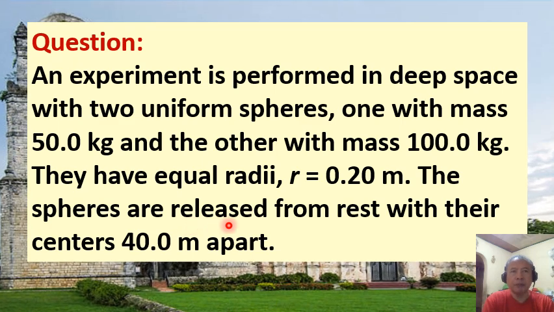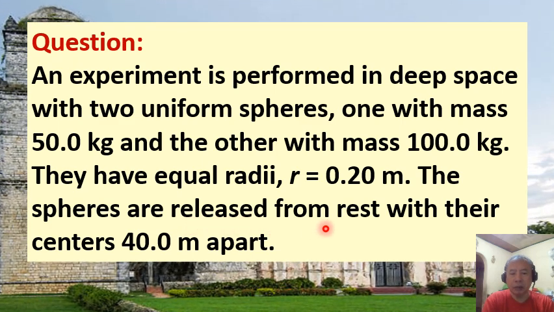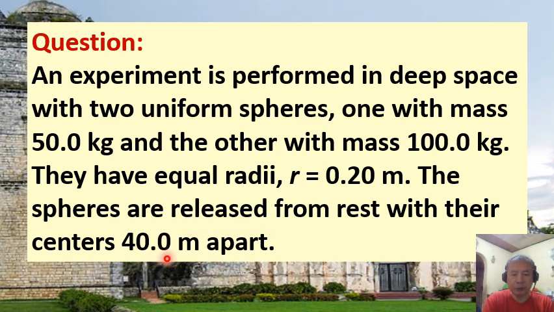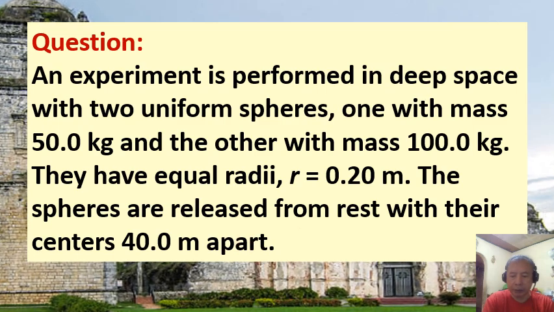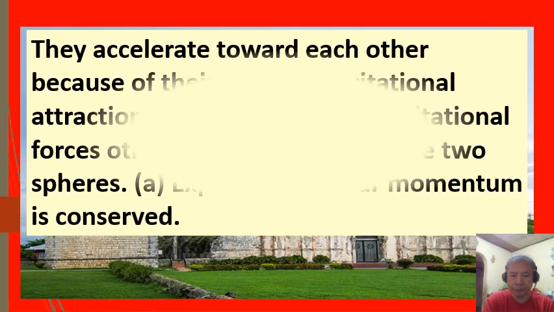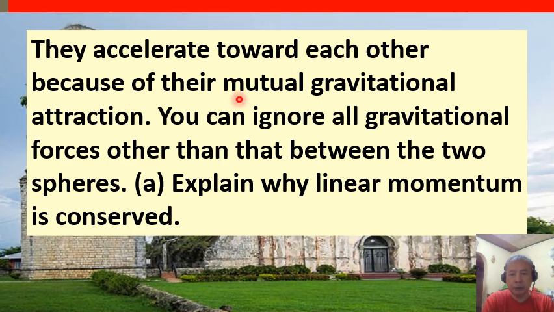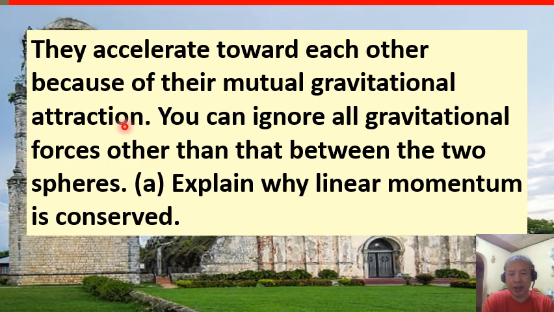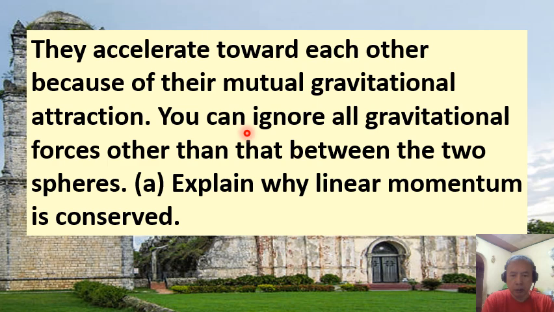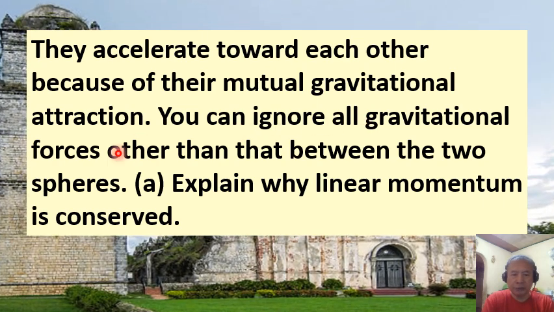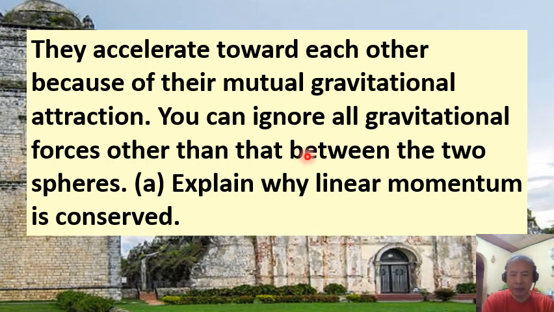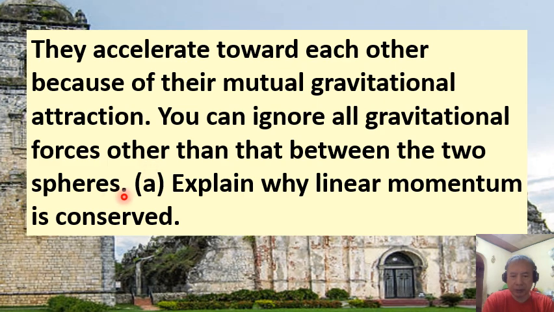The spheres are released from rest with their centers 40.0 meters apart. They accelerate toward each other because of their mutual gravitational attraction. You can ignore all gravitational forces other than that between the two spheres.